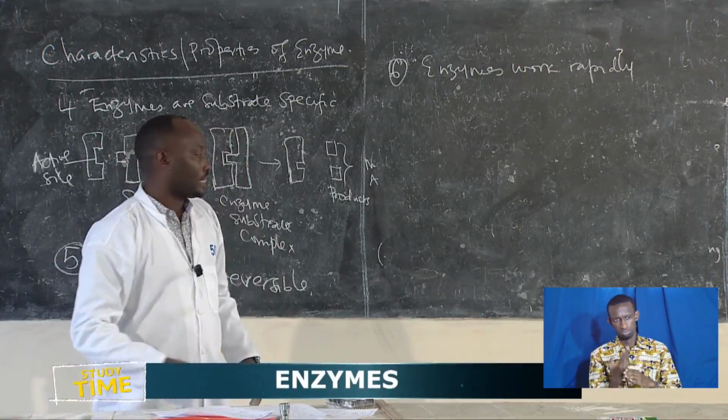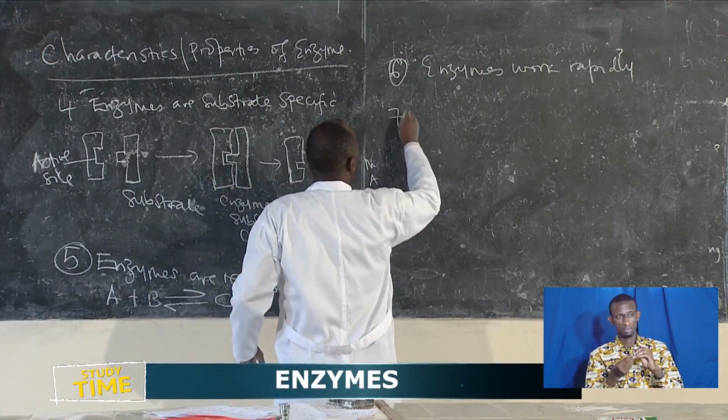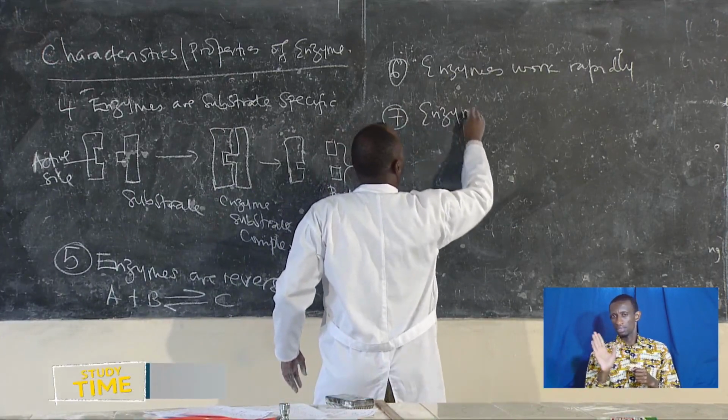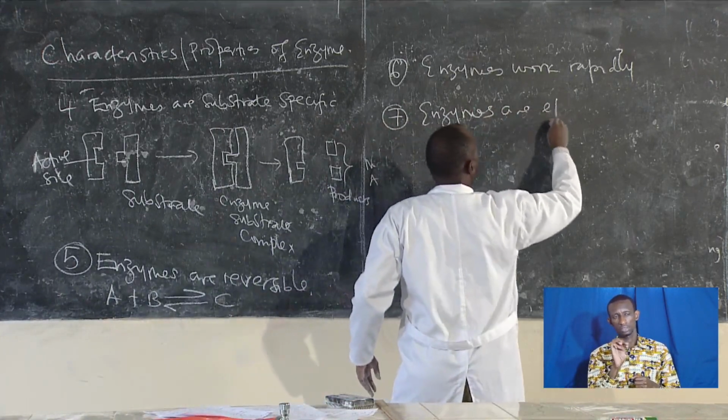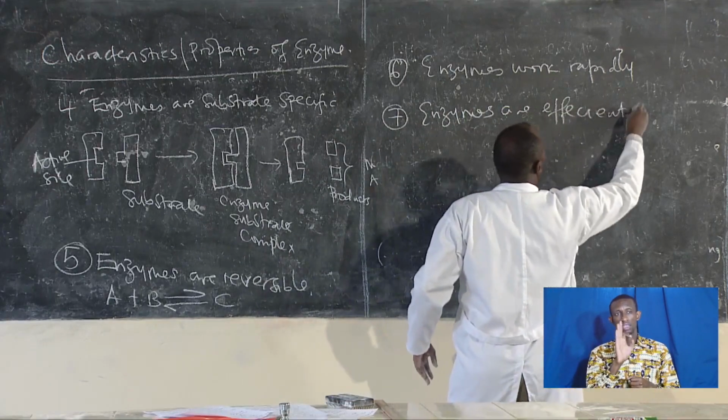The last one is that enzymes are efficient. Number 7: enzymes are efficient. If I say efficient, what does it mean?